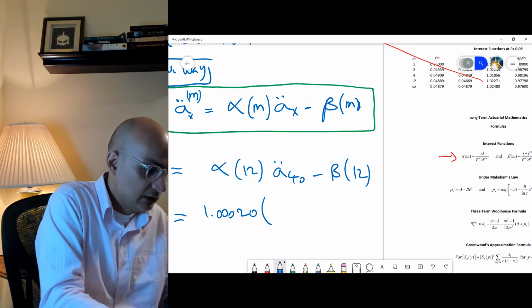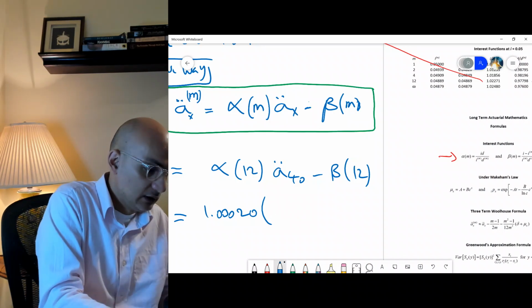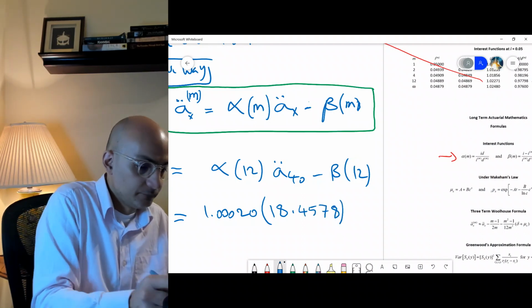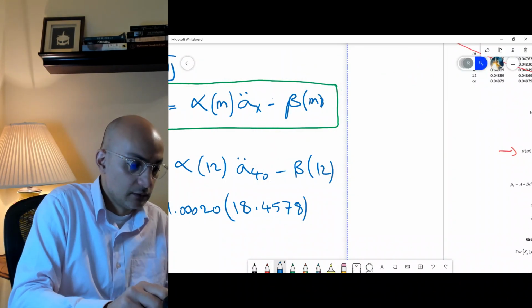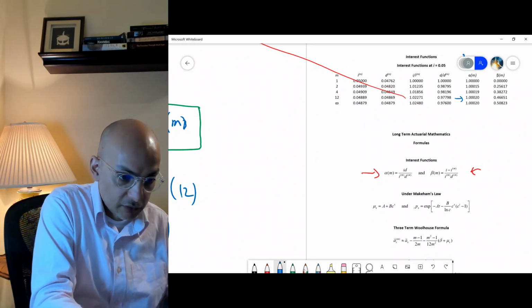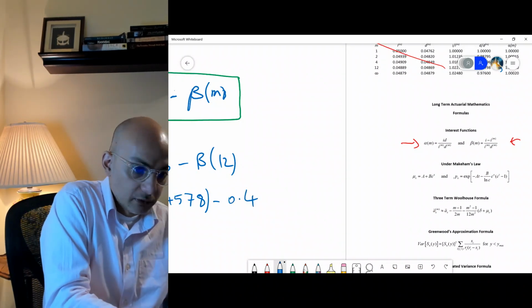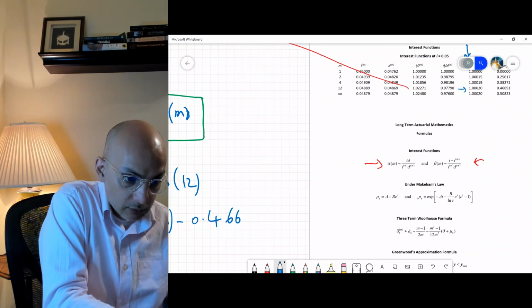So A40 is, not the, I mean, this is the annuity, 18.4578, right? And we need to subtract from it the beta, and beta 12 is 0.46651.